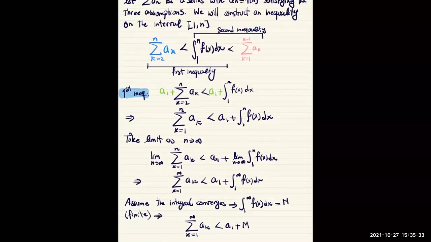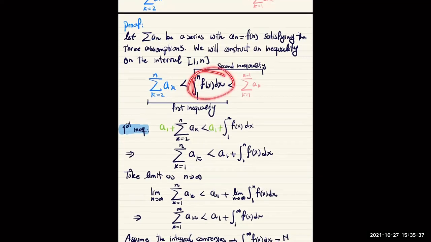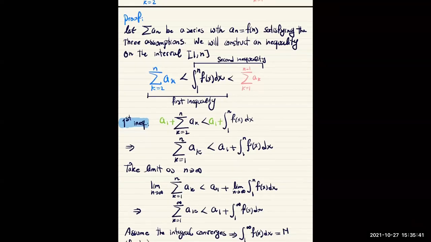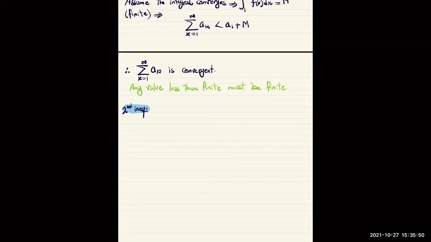Okay, and the second inequality says that this integral is less than, where is it? Yes, the integral is less than the sum from 1 to n minus 1. Let me copy it down. So the integral from 1 to n of f of x is less than the sum k going from 1 to n minus 1 of a sub k.